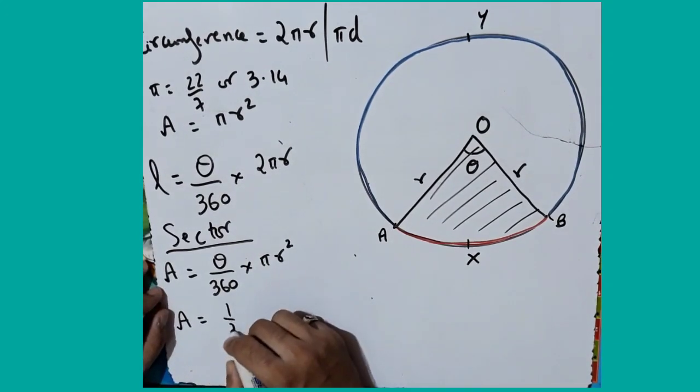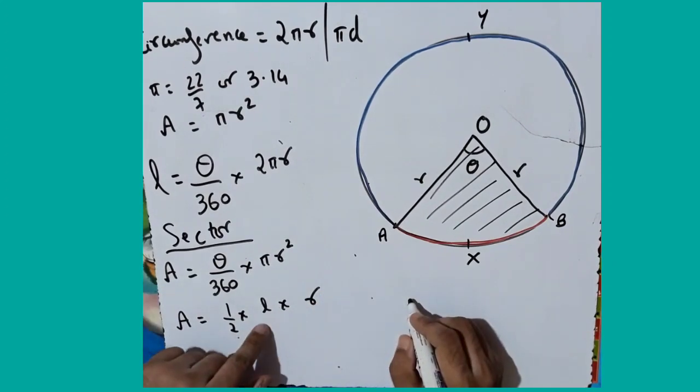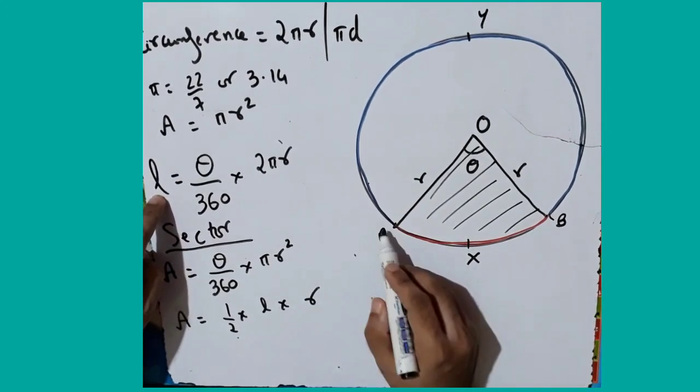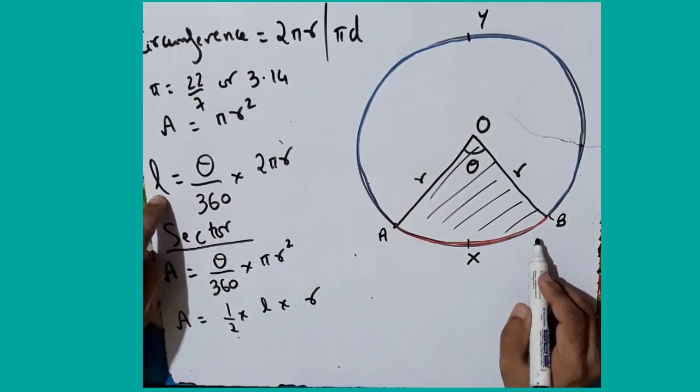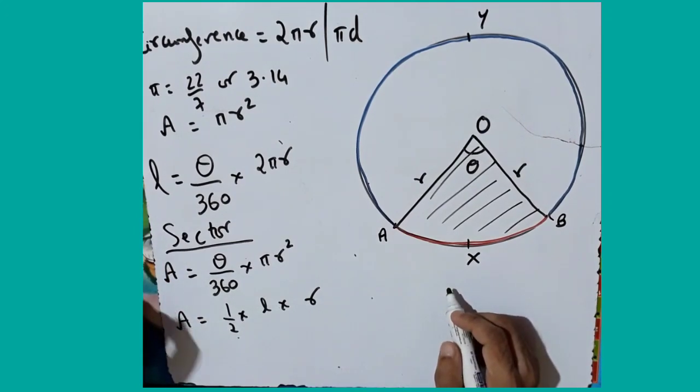The formula is half into L into R, where L is the length of the corresponding arc and R is the radius. So area of sector can be found out by any of these formulas.